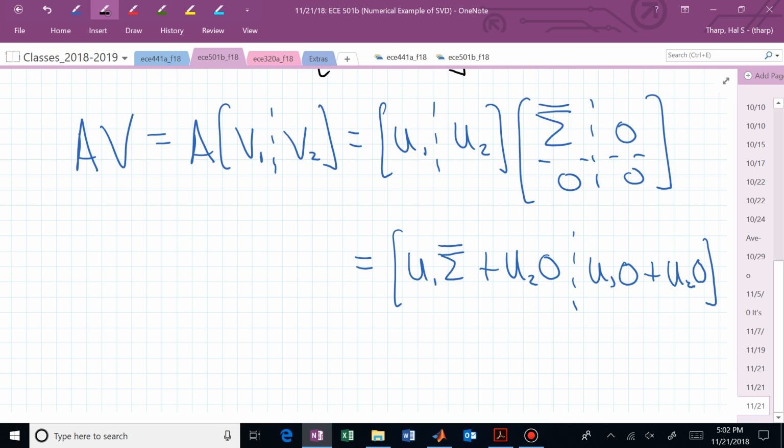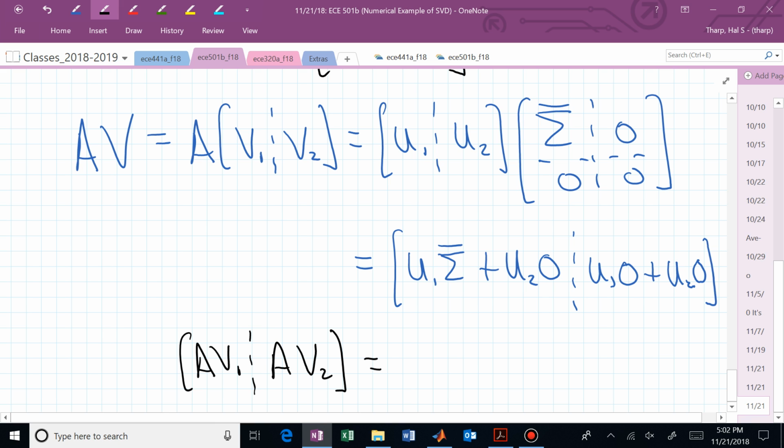Or if we now put those pieces together, we have A V1, A V2, distributing A through the columns in V, and on the right we have U1 sigma bar, that's our only non-zero component, and 0.